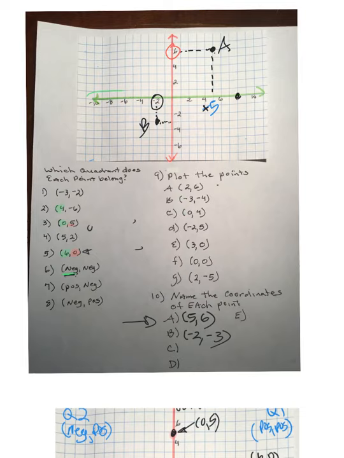What about point C? Point C has an output of 8, and it doesn't go up or down, it's just sitting on 0. And then D. How about D up here?